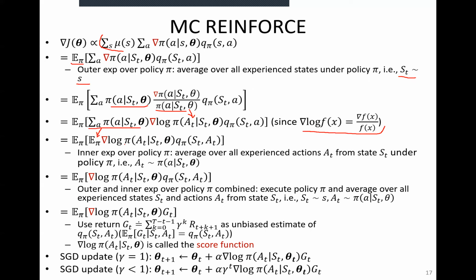So this expectation over policy pi averages over all experienced actions AT from state ST under policy pi, by sampling AT from this distribution of the actions from state ST. So whenever we have capital letters, we're referring to a concrete instance that you experienced, a concrete action from an actual trajectory. Whenever we have small case letters, it indicates a random variable.